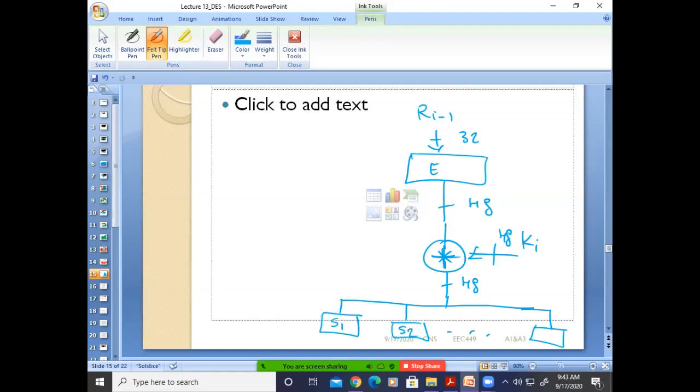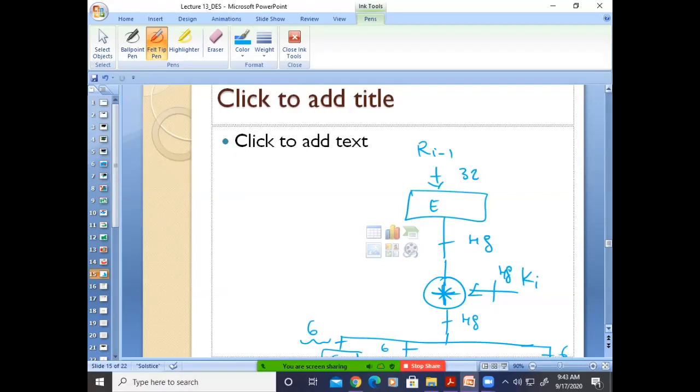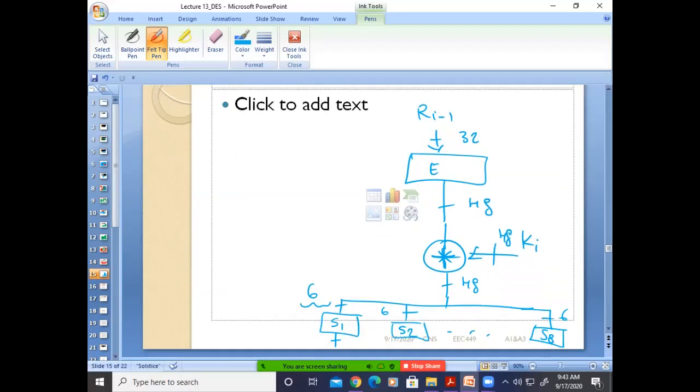S1, S2, up to S8, correct? 6 bits each. 8 times 6 is 48. We know an operation with more inputs and fewer outputs. Would we call it an encoder or decoder? More number of inputs, less number of outputs: encoder, right?